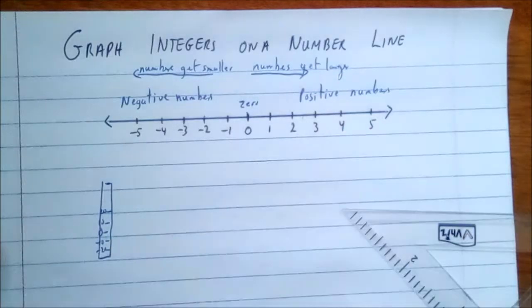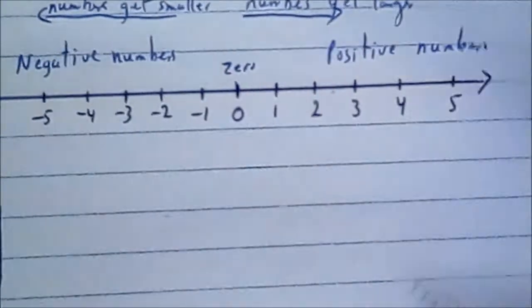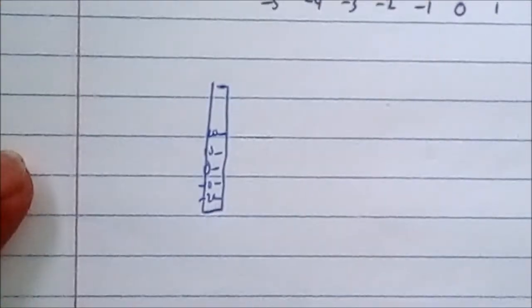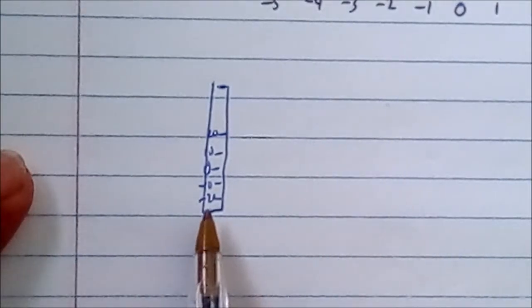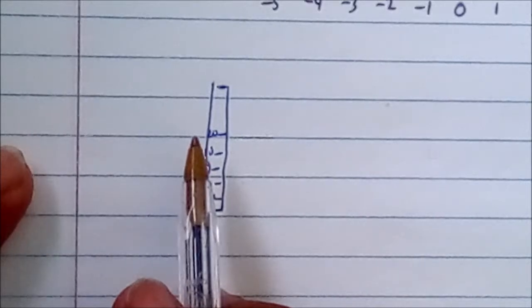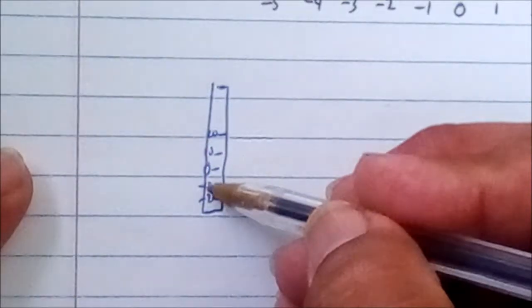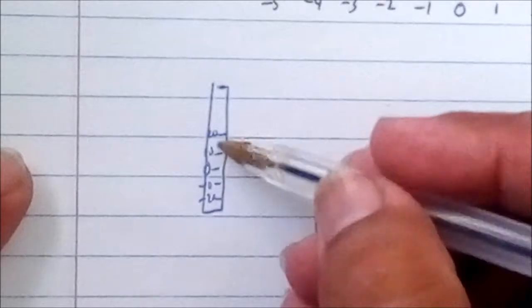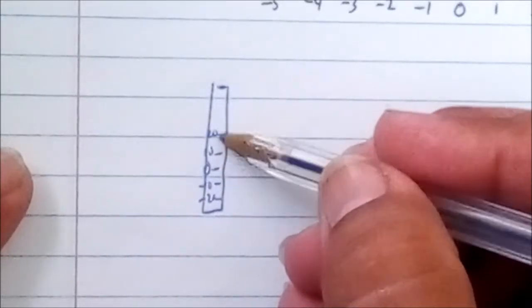Let me zoom in so we can see the negative signs on the thermometer. This is a roughly drawn thermometer. So we have -20, -10, 0, 10, 20, and so on, and it goes up. This means that we have integers below 0, and this means we have integers above 0.